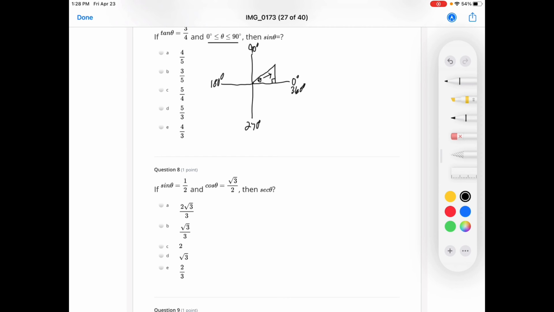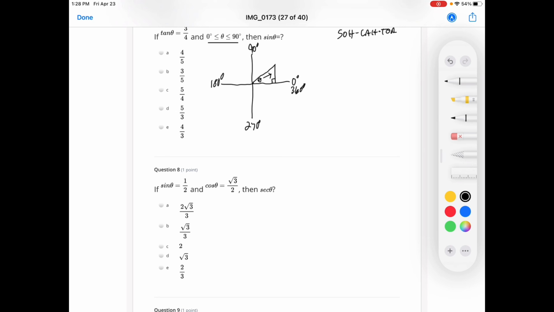All right, so let's draw us a right triangle and theta. It tells me that tangent of theta is 3/4. So remember SOHCAHTOA. Tangent is opposite over adjacent.